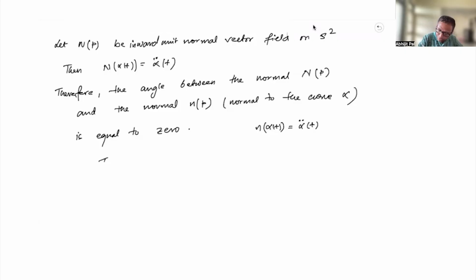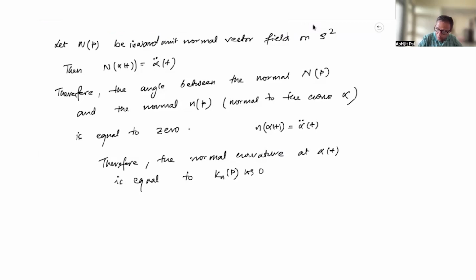So therefore, the normal curvature at alpha t is equal to KNP cos of 0, where this KNP is equal to 1.